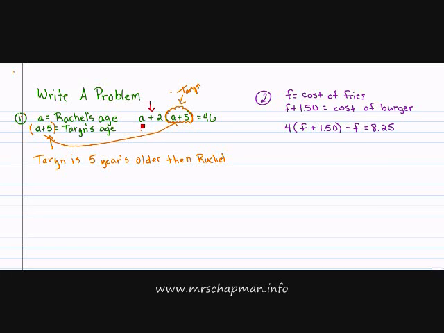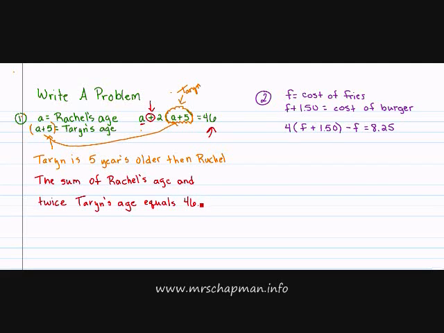What are we adding? We're adding Rachel's age and twice Taryn's age. So we can say, using the addition sign right here, the sum, which is the answer to an addition problem, of Rachel's age and 2 times Taryn's age, or twice Taryn's age, equals. What does it equal? 46.